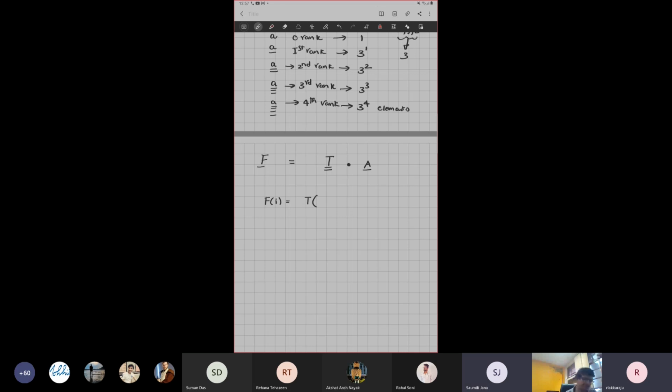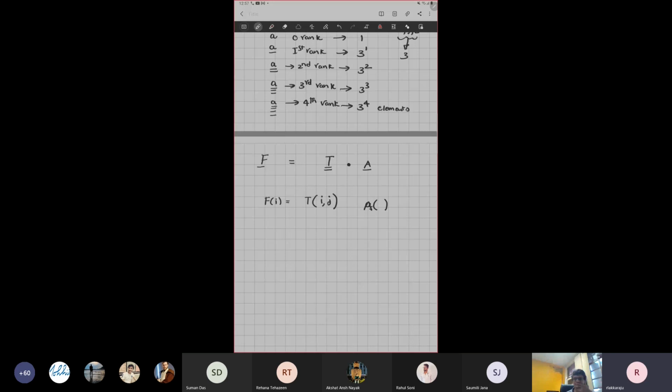Like T11 A1, and T12. The easiest way is, because we want to do an inner product, first write i, j. This defines T, because it's a second rank tensor.